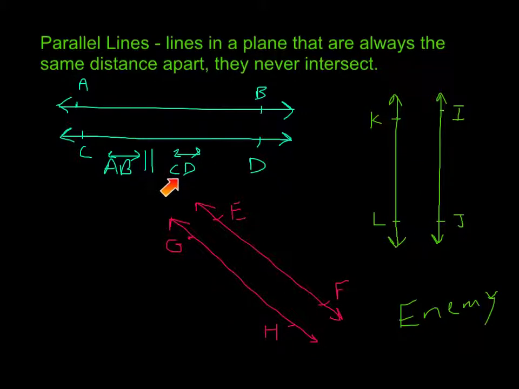Over here, once again, we're going to do the same thing. I'm going to label my lines down here. I'm going to go line GH and line EF are parallel.